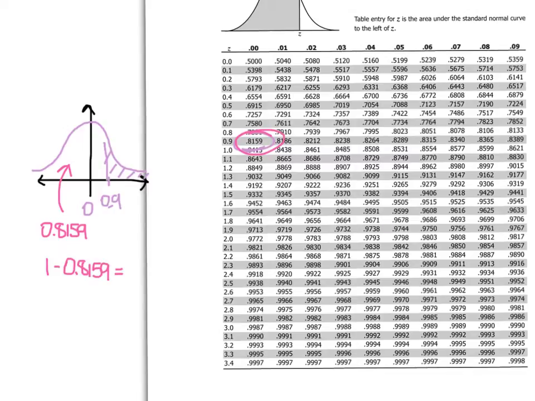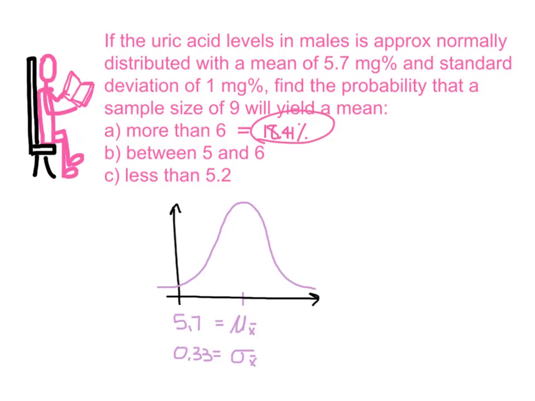Using a calculator, this becomes 0.1841 or 18.41%. So the probability of the mean being greater than 6 is 18.41%. Great. So that answered our first question. Now let's do the second question. What is the probability that the mean falls between 5 and 6?